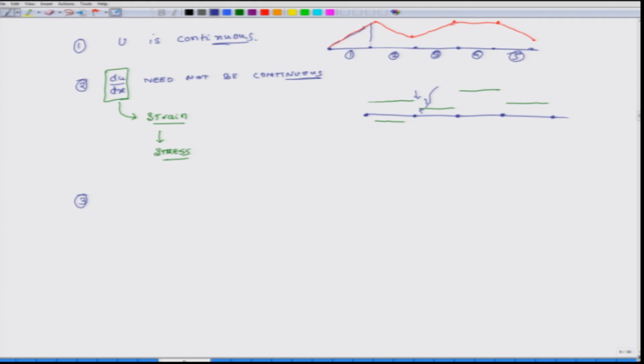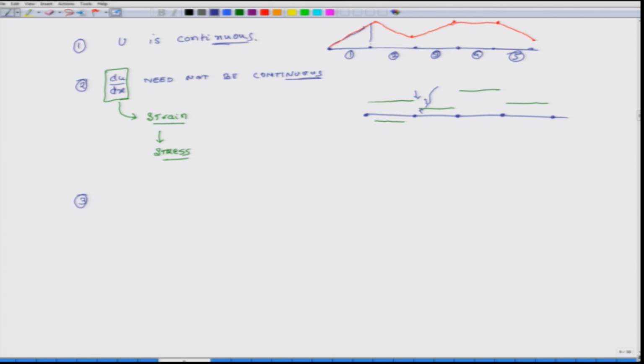If you are looking for convergence of displacement, because displacements are continuous, they converge faster. If you are looking for convergence of stress, you need an even larger number of elements. Suppose you have convergence of U for 20,000 elements, that does not guarantee that your stresses will also be converged. For that maybe you have to go to 40,000 elements.